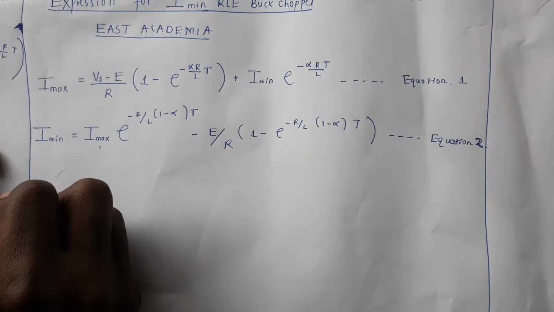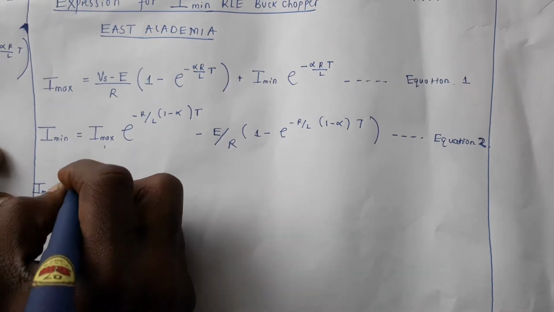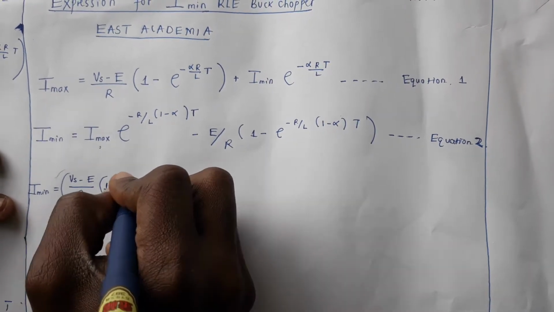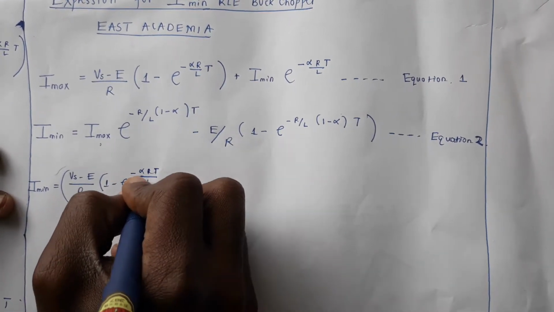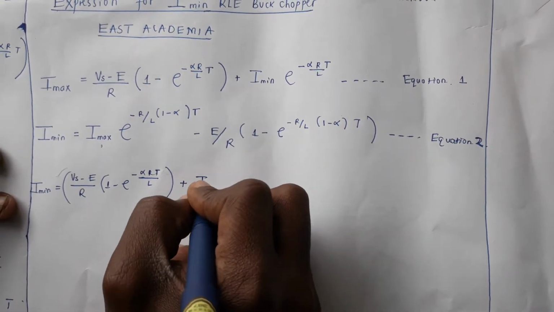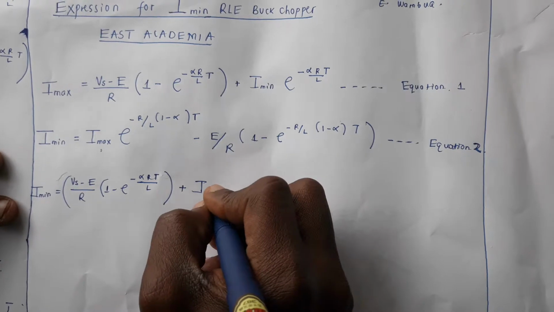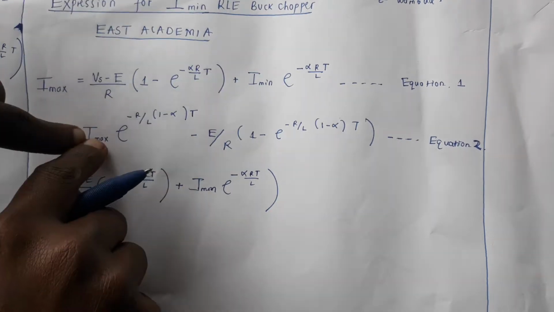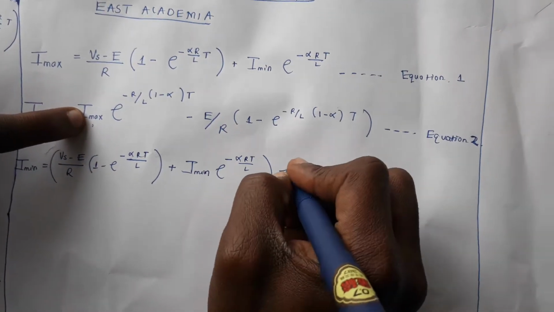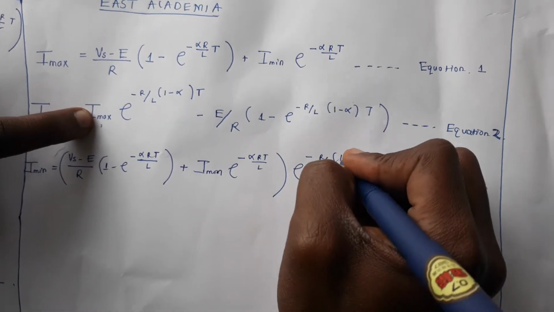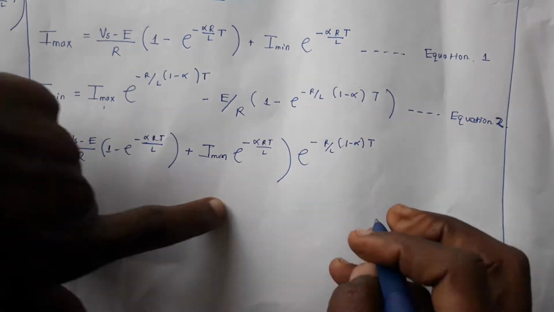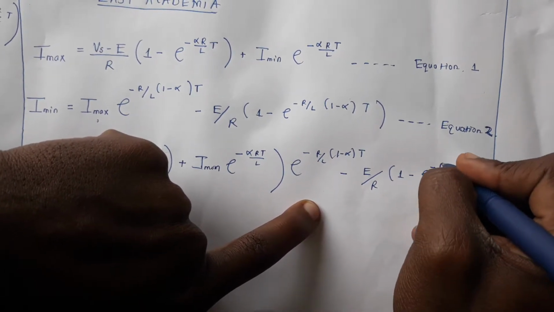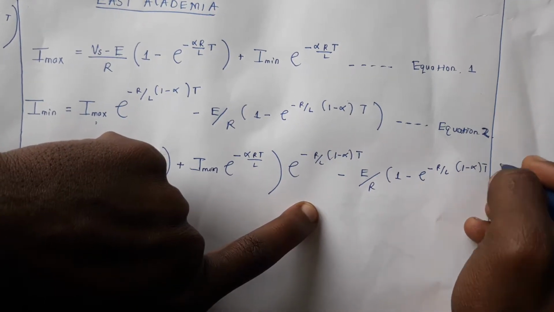So our expression then becomes Imin is equal to (Vs minus E) over R times (1 minus exponential of minus alpha RT over L), plus Imin exponential minus alpha RT over L. Then the whole of this Imax we multiply with exponential minus R over L (1 minus alpha) T. And then you subtract E over R times (1 minus exponential minus R over L (1 minus alpha) T).